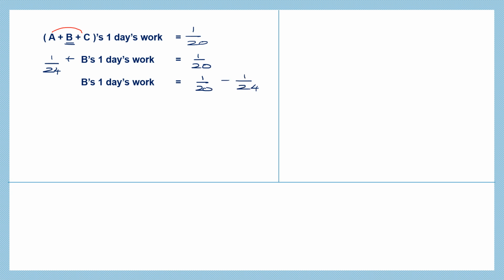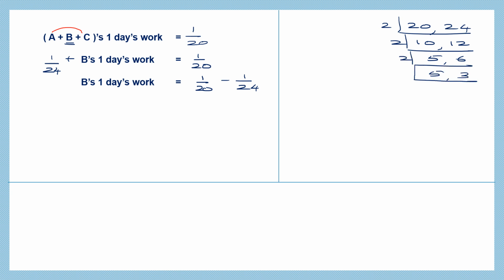So here we have to find the LCM of 20 and 24. So 20 and 24, the LCM, let's find. So this is 2 tens are 20, 2 twelves are 24. Continue. 2 fives are 10, 2 sixes are 12. Again, bring down 5, 2 threes are 6. Continue with 3 now. So bring down 5 and then 1. Now let's continue with 5, 5, 1 and 1.